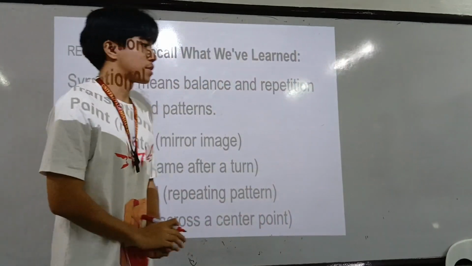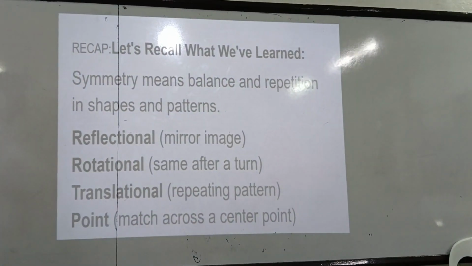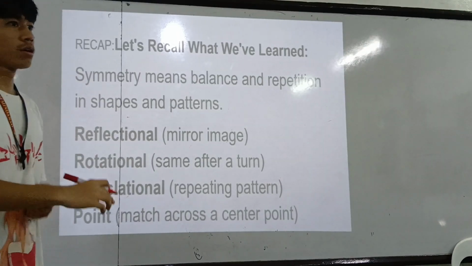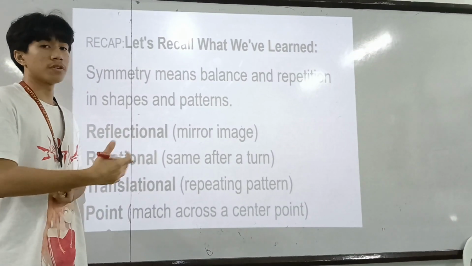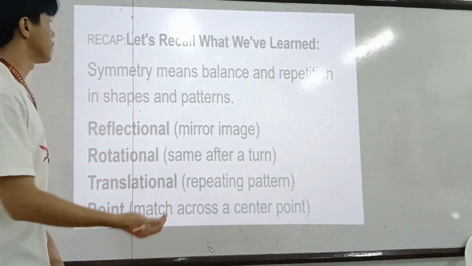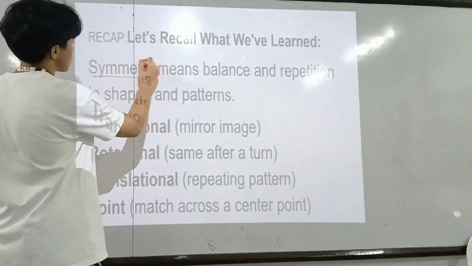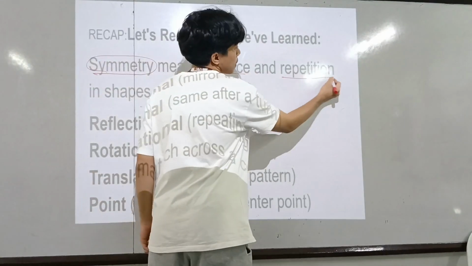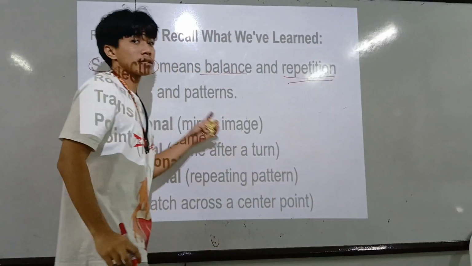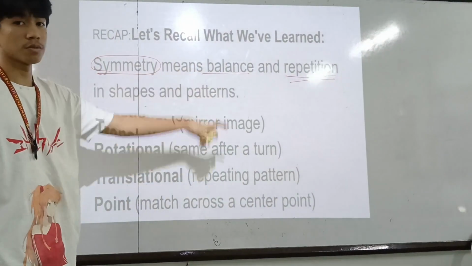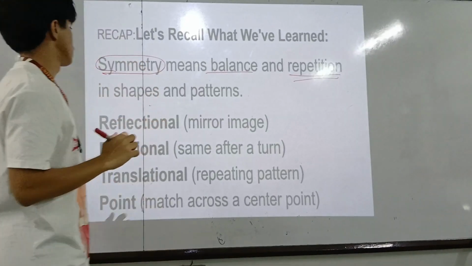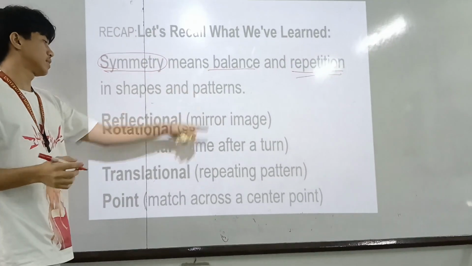So let us recap. Let's recall what we've learned today. Going back to the topic, symmetry means balance and repetition. Mostly, symmetry is some repetition which is repeated in shapes and patterns.